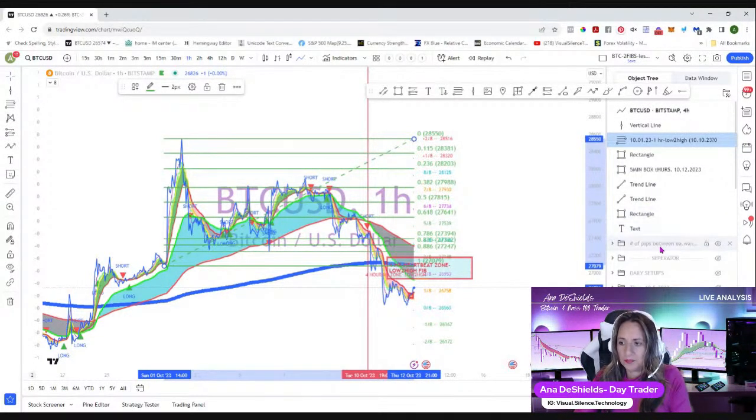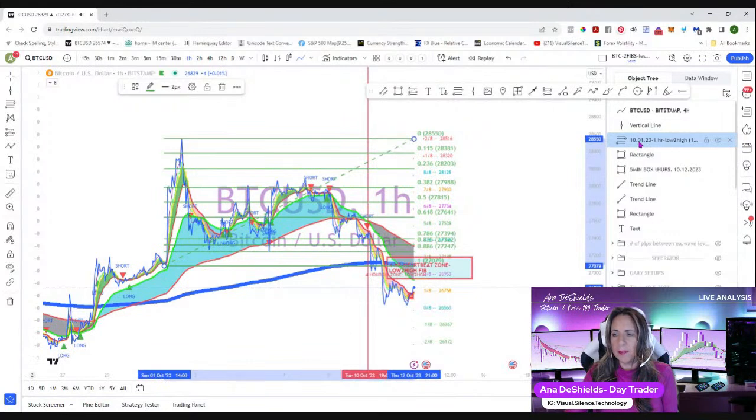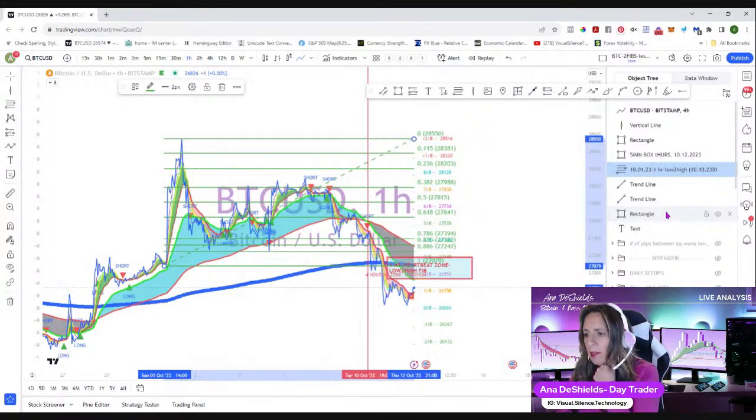Okay. And then what I normally do is I have a folder that has all my 1 hour fibs. But on this chart, I'm doing it a little bit different. I'm putting all of the information in on that day. So this would be Tuesday. And it doesn't look like I have a Tuesday folder.